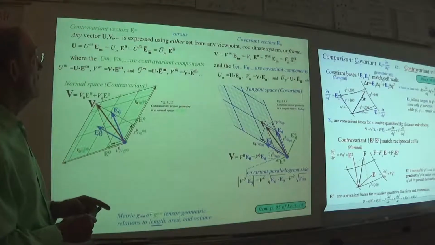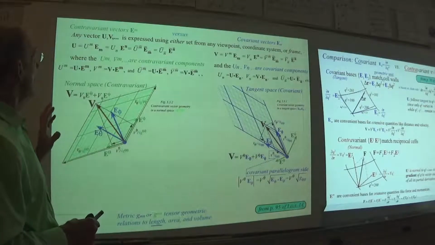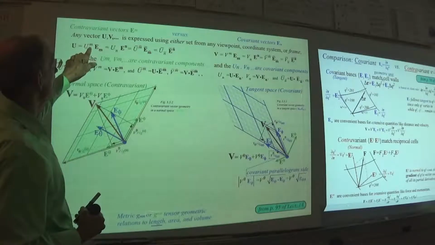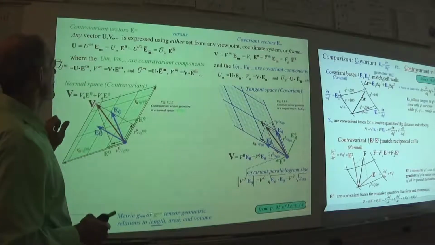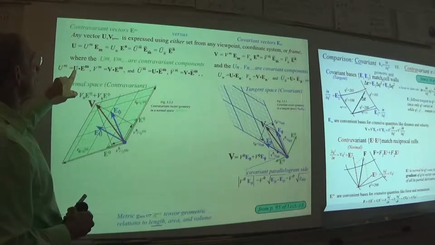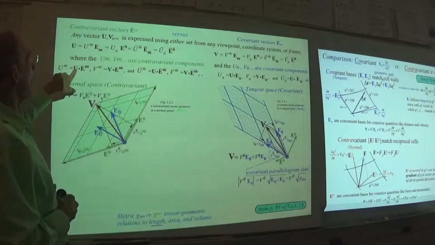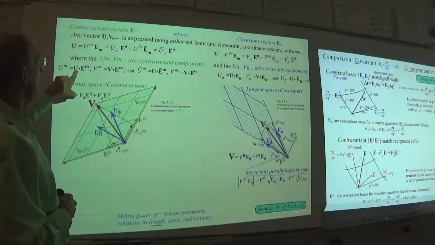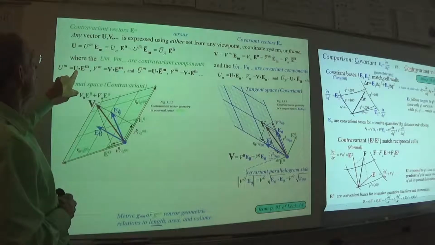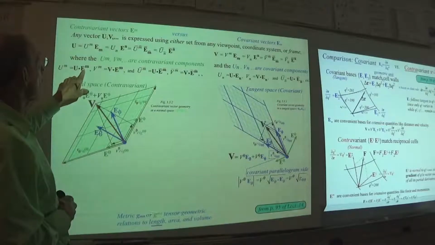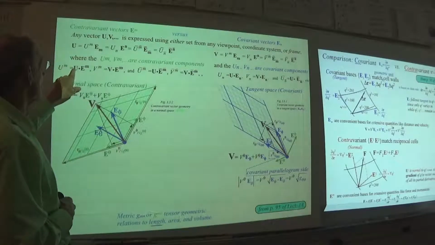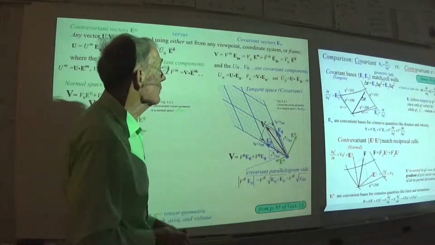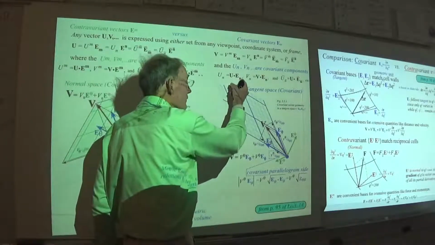In any case, as you can see here, the way you figure out what that component is, if you know what your vector is in some other way of writing it, say the original x, y, and z Cartesian thing, you simply dot it with the vector, either contravariant here if you want the u contravariant component, or over here if you want the covariant component, you do a dot with the covariant vector.